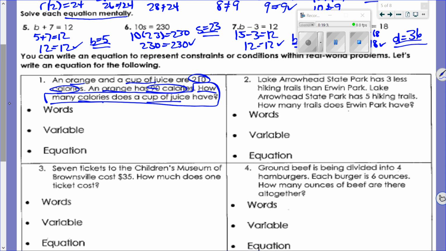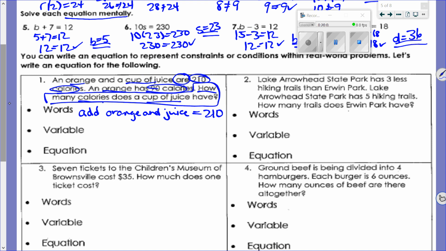So if I add orange and juice, it equals what? 210. 2 keywords you need to add to your math vocabulary as far as things that you need to mark in your text. The words are and is. Because now that we're writing equations, that is one of your key indicators for where your equal sign goes.